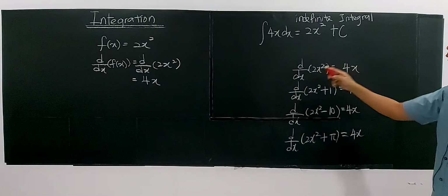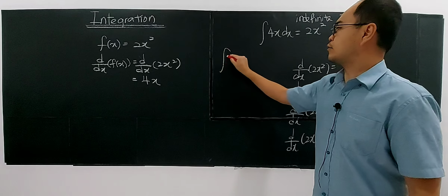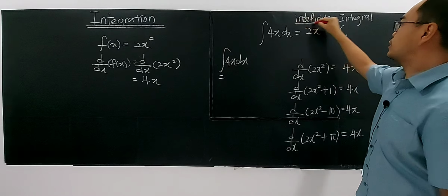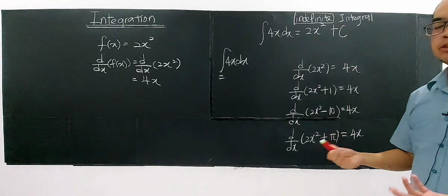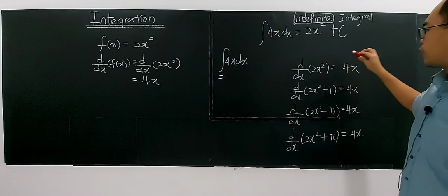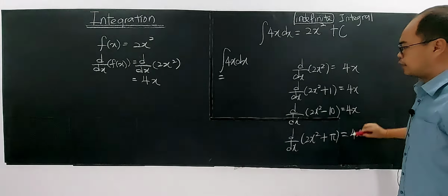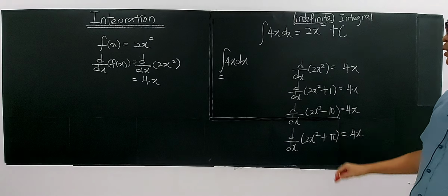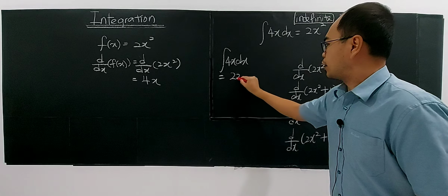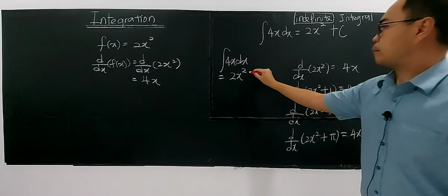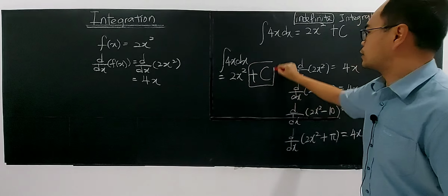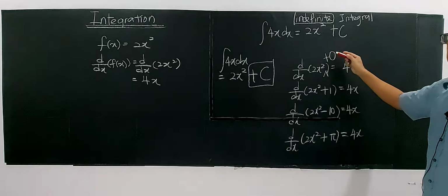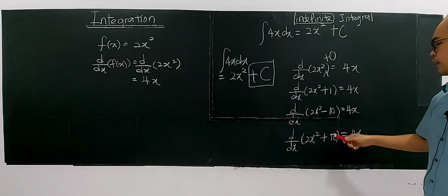So when you go back and integrate 4x dx, this is an indefinite integral. You're not sure where the region is, where the limits are. When you integrate 4x and go back, there are many possible functions. So you have the antiderivative 2x squared plus C. The C tells you that there is a constant, like plus 0, plus 1, or maybe negative 10.